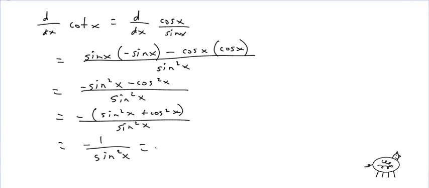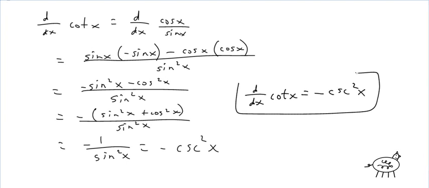I can rewrite that as negative cosecant squared of x. So d by dx of cotangent of x equals negative cosecant squared of x. Another important one, math fans. Put your stars around that. That's pretty easy.